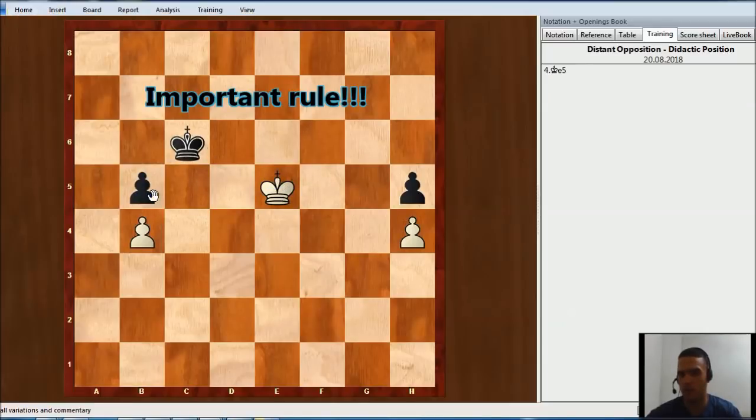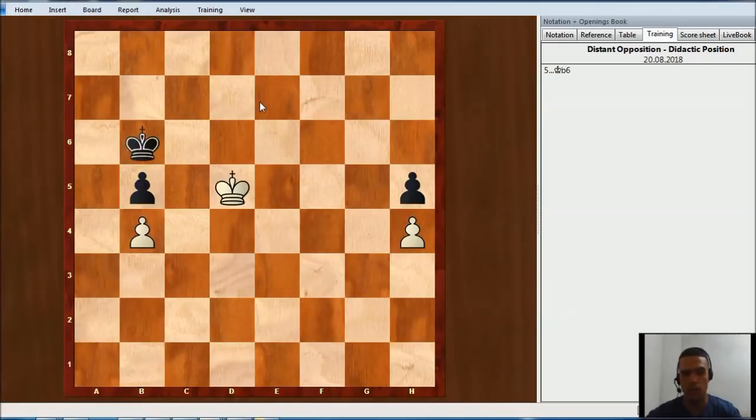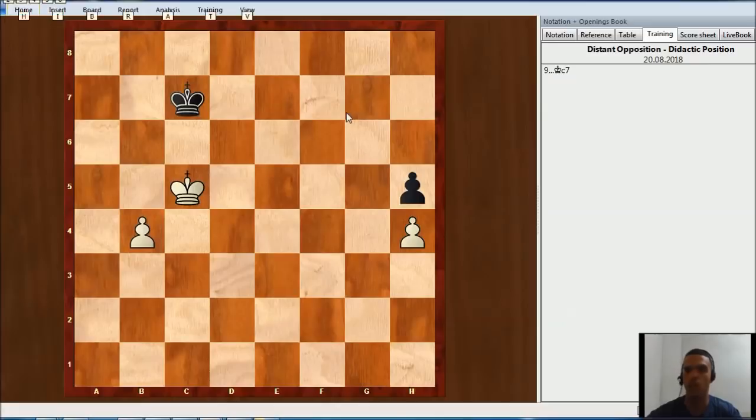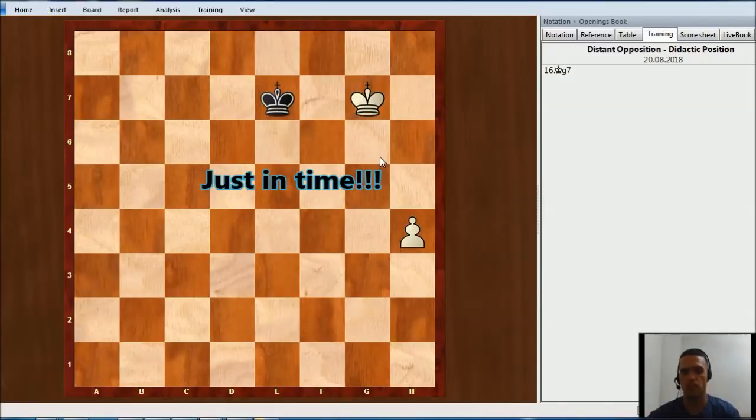That means that you're going to take this pawn, and that will be winning for white. Now you cannot win only with this one, you need to get this and promote here. It's the only way to win. Just in time to win.